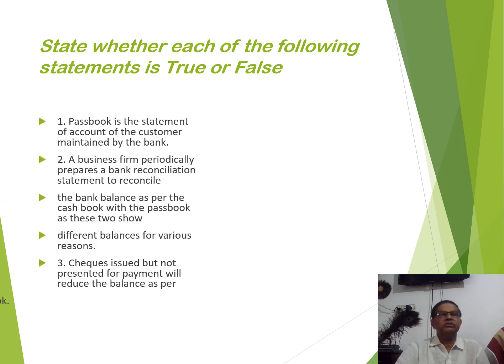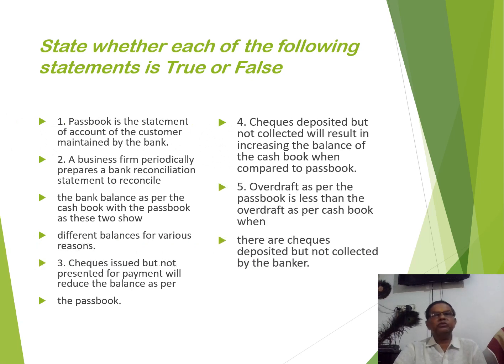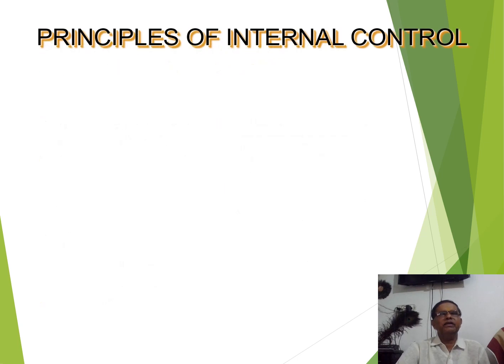You have to mark which one is true and which one is false, and you can check your understanding in relation to bank reconciliation. As I told you, the sample answer is provided for ready reference.